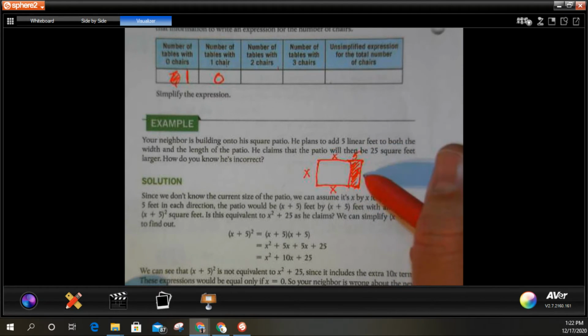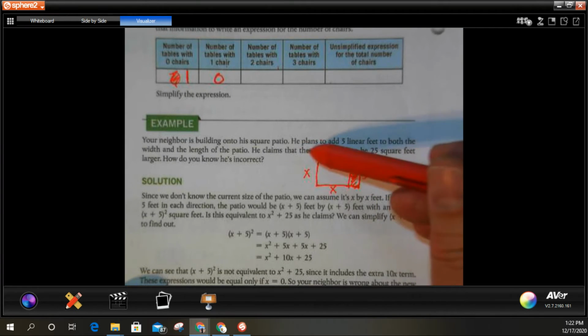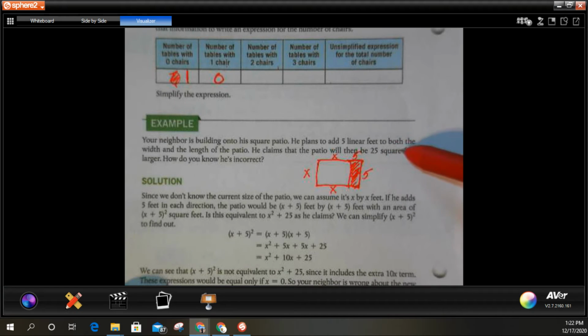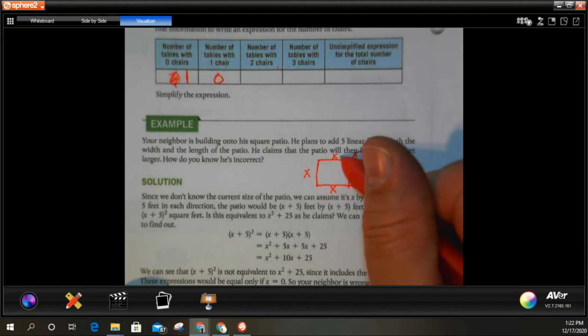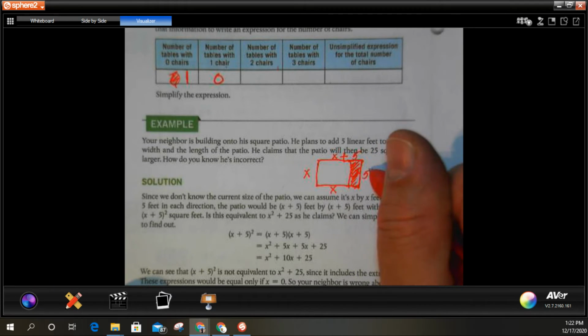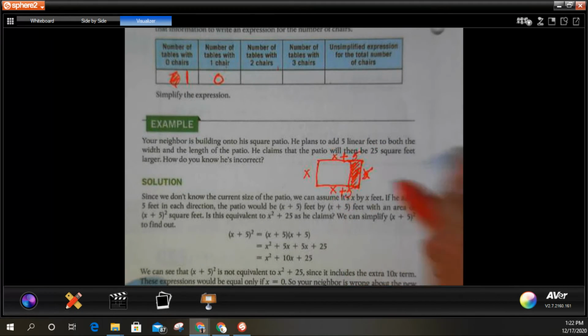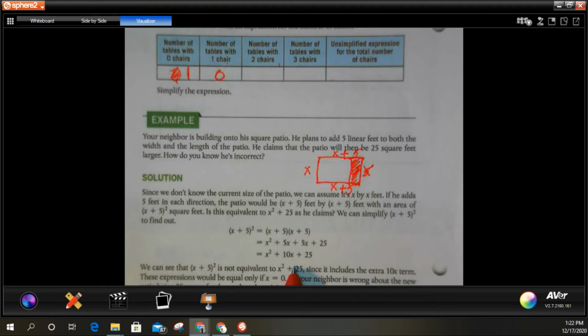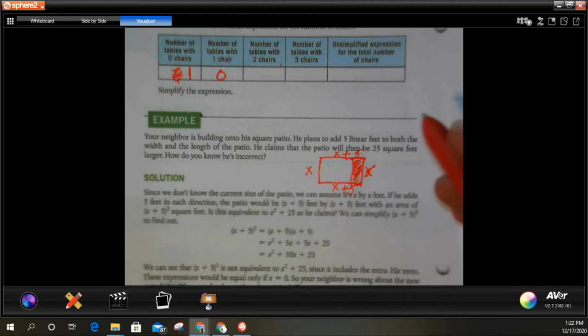This side, it's just x, whereas this side becomes x plus 5. It's not equivalent, so the total area is going to be x times x plus 5. And since it's a rectangle now, not a square, we go ahead and distribute: x squared plus 5x.